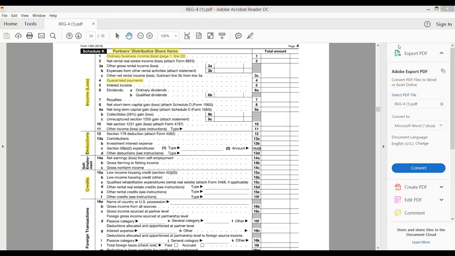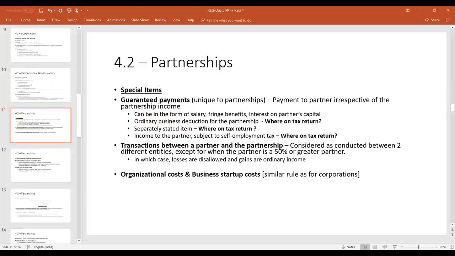Again, it's income subject to self-employment tax, so it would go on his Schedule E, but additionally, it would also be subject to self-employment tax. So guaranteed payments is a very important concept as far as partnerships are concerned, and you want to know that it has this dual treatment, recorded as an ordinary business deduction as well as a separately stated item.